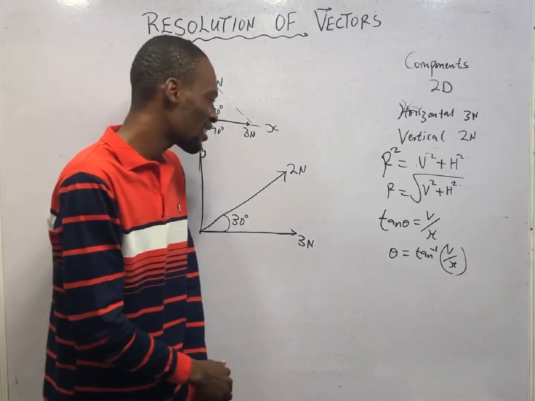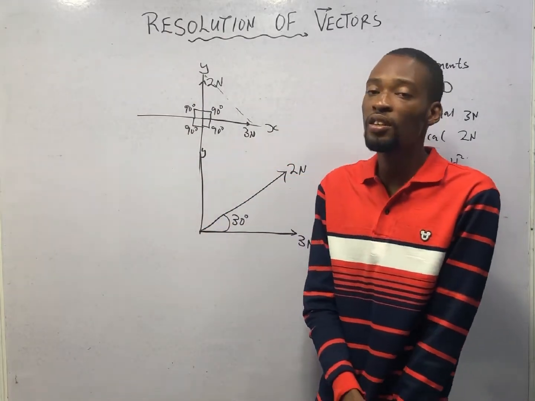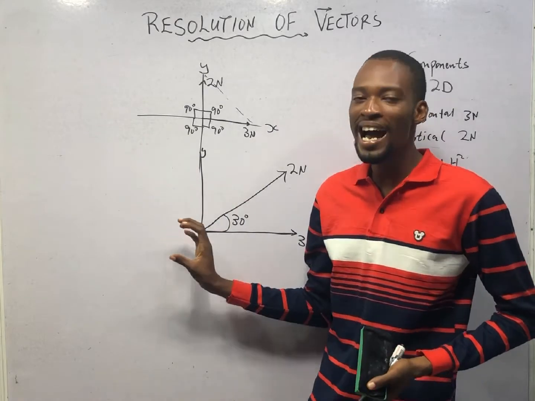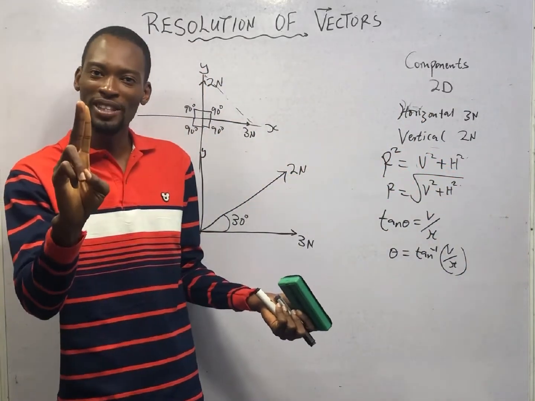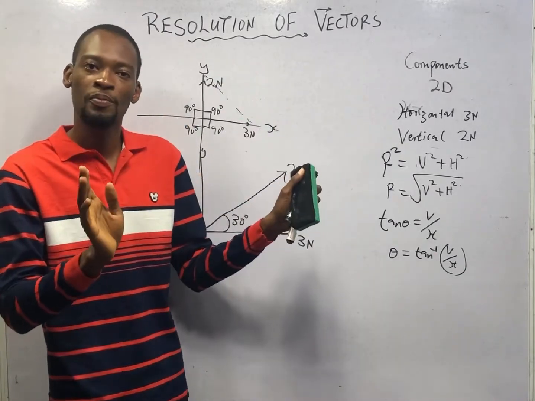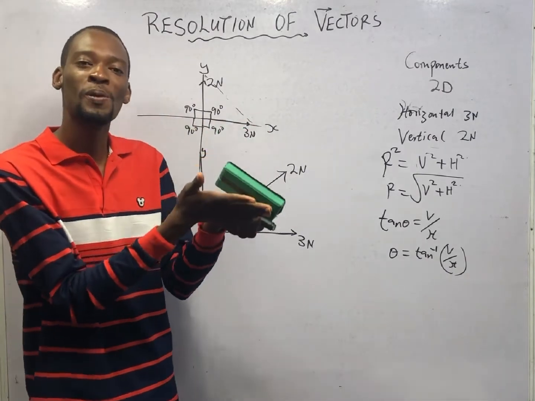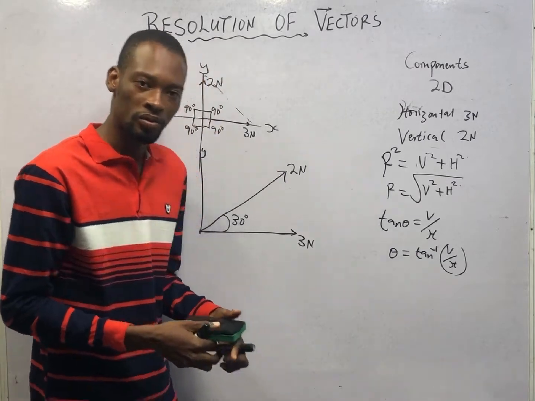Take note of this. Anytime a force is inclined, or vectors generally, anytime vectors are inclined at angles, they have 2 components. So you cannot say they are vertical or horizontal. They are both. You resolve them into the vertical component, then you resolve them into the horizontal component. That is the whole idea of vector.